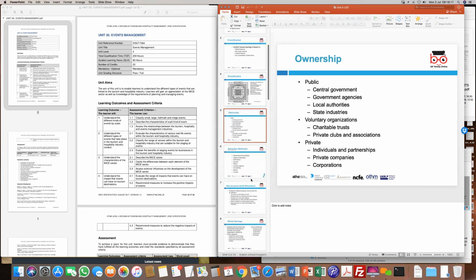That is why the ownership of things like Disneyland, the safari parks, Legoland down south, or Knowsley Safari Park, lots of them in the UK, has been created by investment coming in from the private sector. And this could be individual companies and corporations.